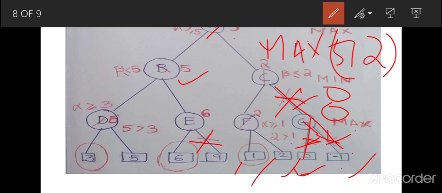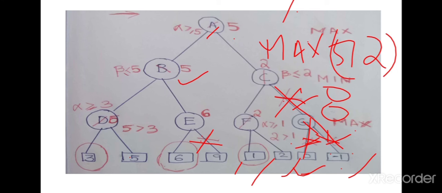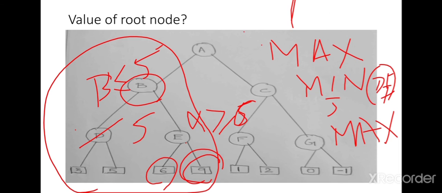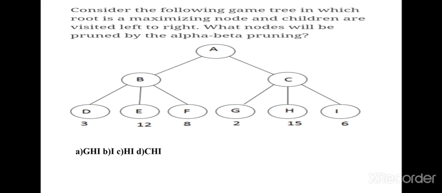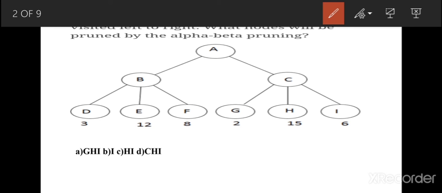Now we can move on to that NTA NET question. Here the root is a maximizing node, so the root is max and this level is min.